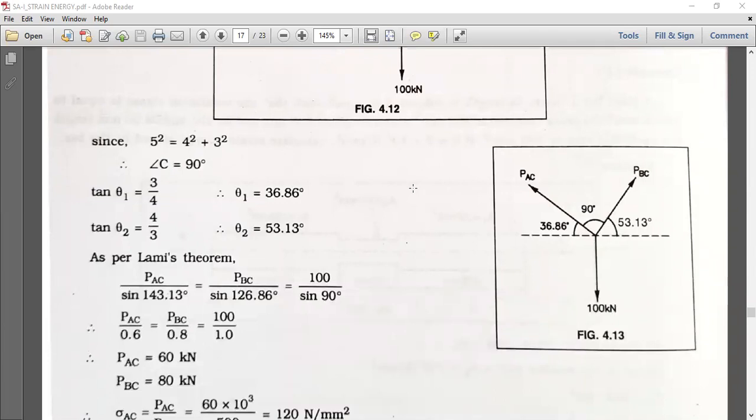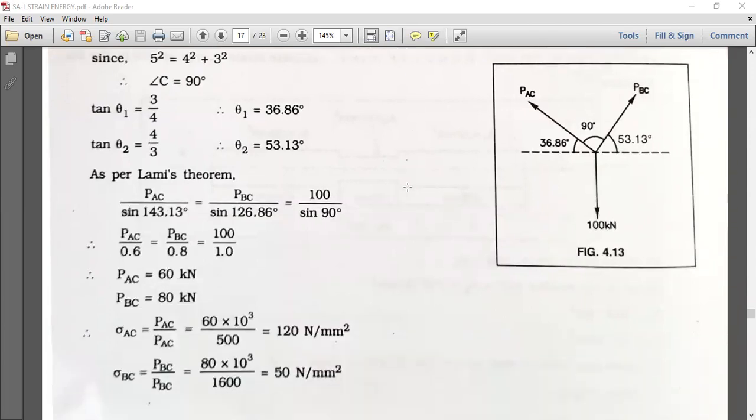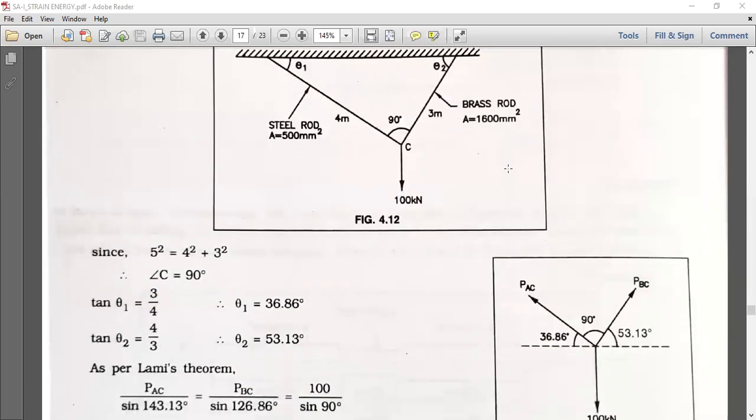As per Lami's theorem, which is already studied in the first chapter of mechanics of solids, draw the figure first for the forces. First, we draw the free body diagram from this figure: first this, second the load, third this. Now we can mark the angle at each. Here 90 degree, that's why I put 90 degree.